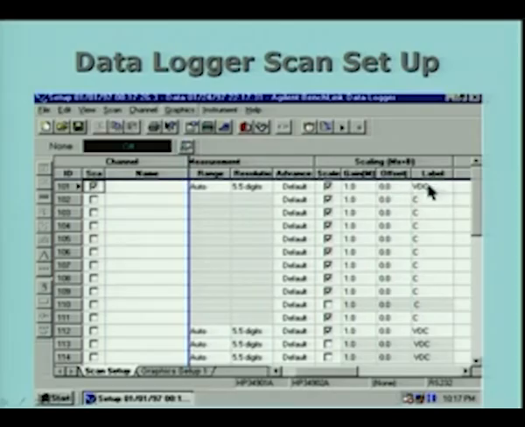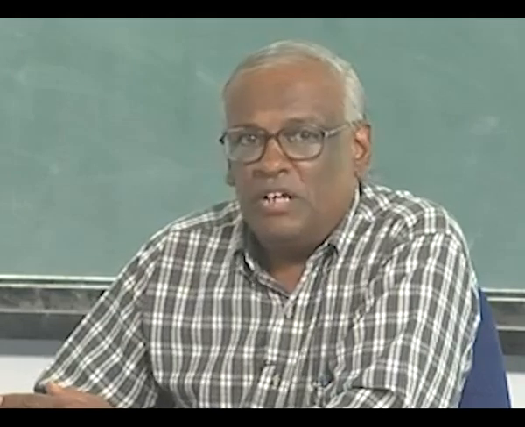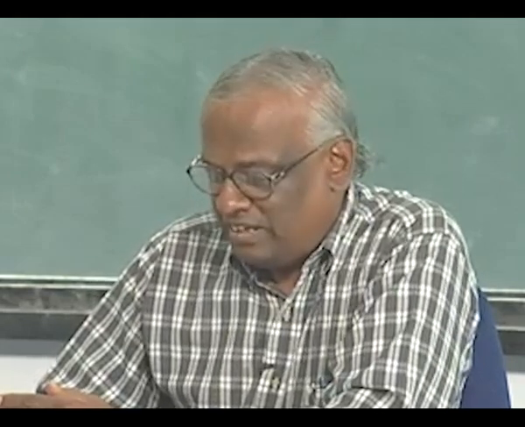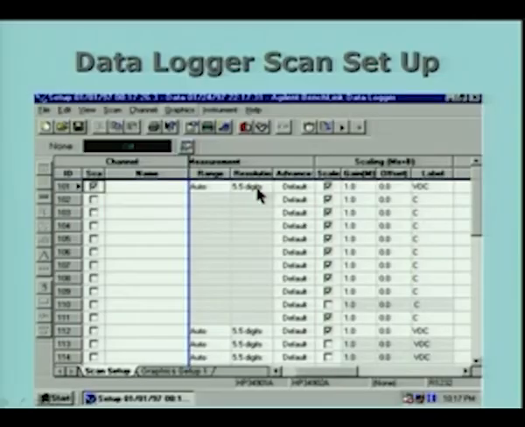In this case I have labeled it voltage DC. So, this channel is now available to measure output in voltage DC with a 5.5 digits resolution, and we will immediately see on the board that this is suitable for measurement of voltage output from a thermocouple. Why is it so? Let us just look at that.